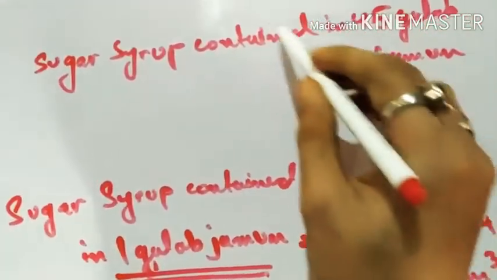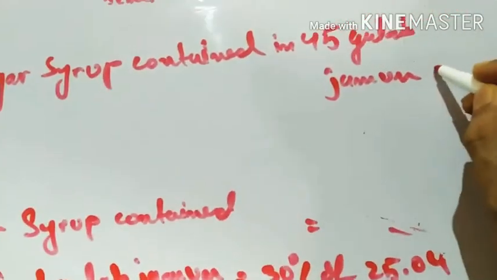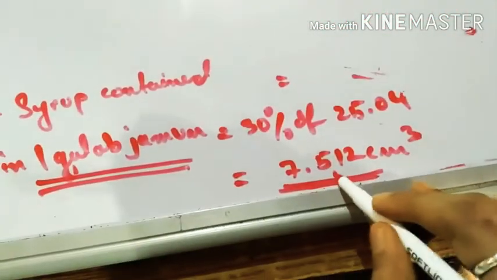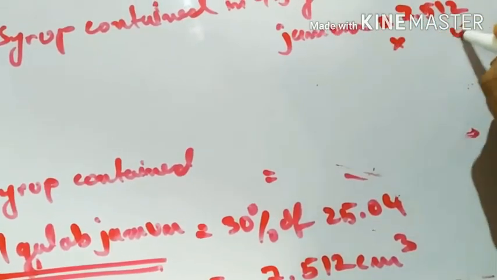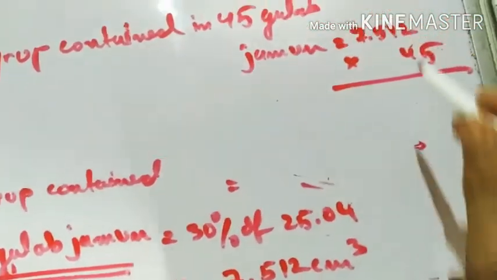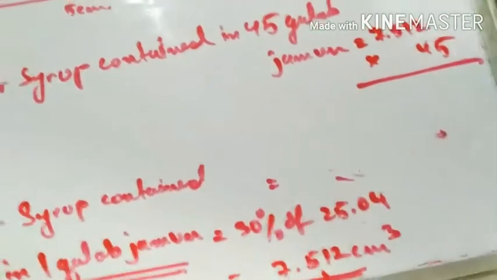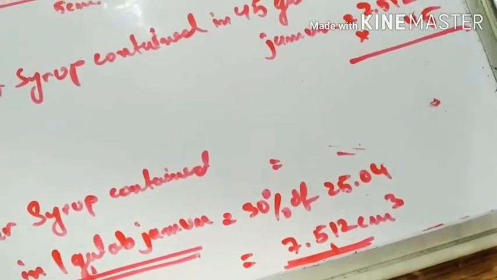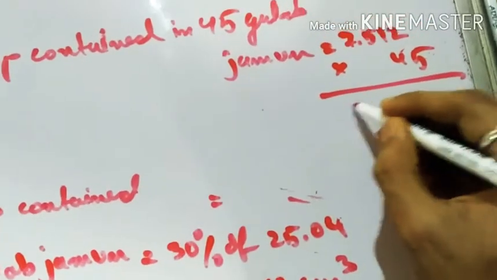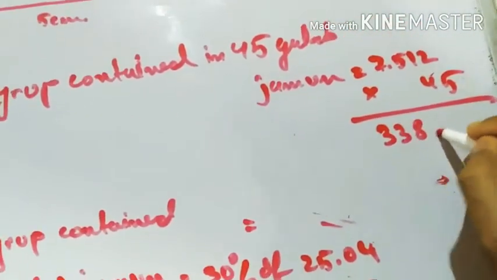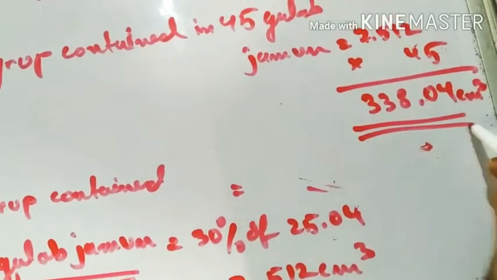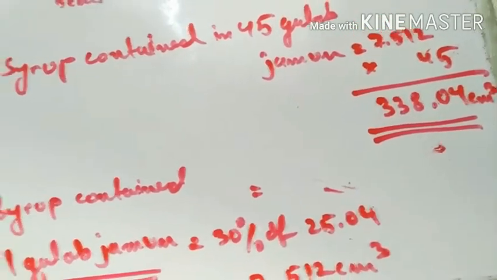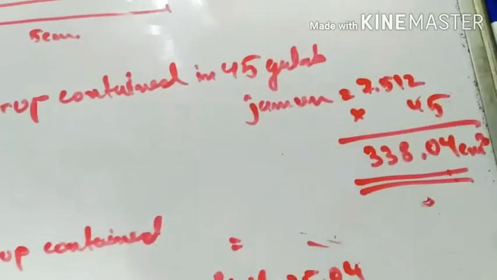It will be equal to 7.512 into 45, and I will get 338.04 centimeter cube. So this will be our answer.